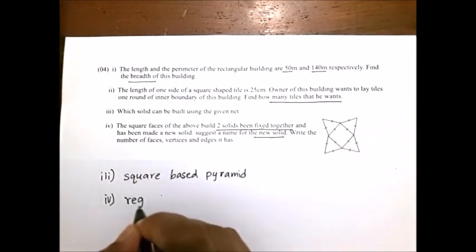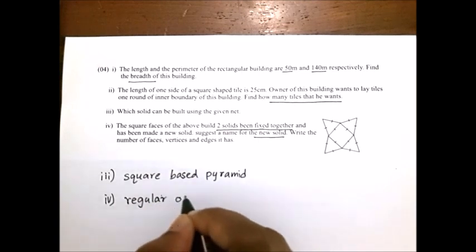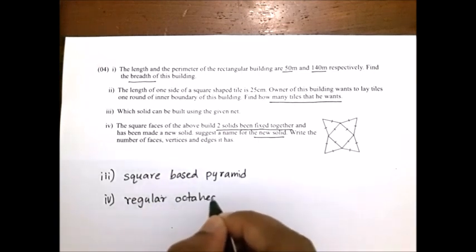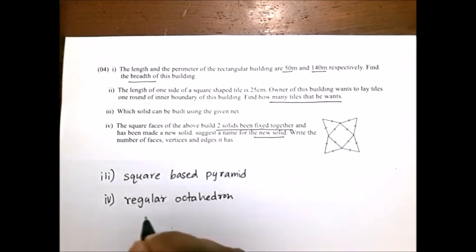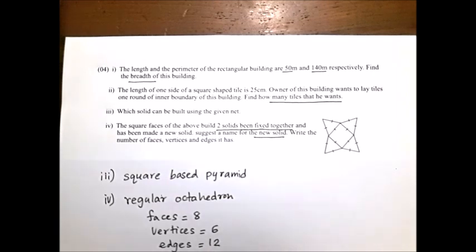Here the new solid is a regular octahedron. Then the question asks for the faces, vertices and edges of it. In a regular octahedron there are 8 faces, 6 vertices and 12 edges.